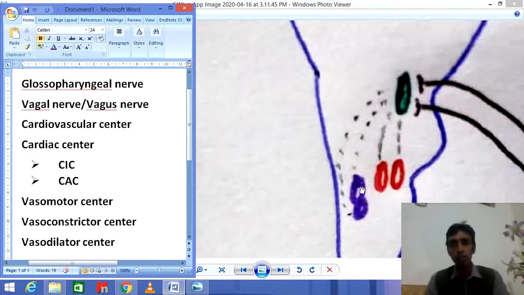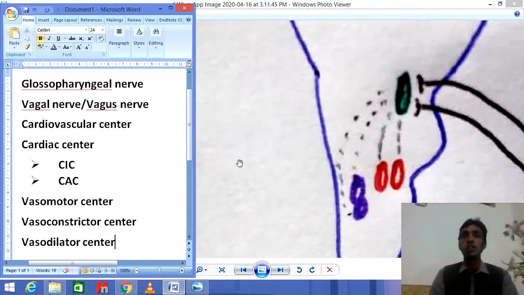This one is called the vasoconstrictor center, which is near this one, and this is the vasodilator center. So the combination of CIC, CAC, vasoconstrictor center, and vasodilator center makes the cardiovascular center.